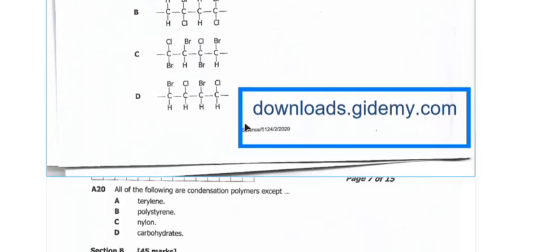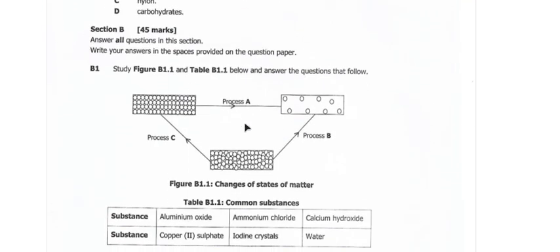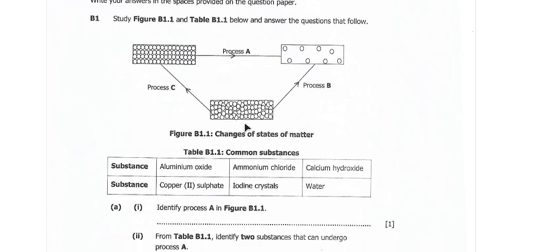From there, let's go to B1. Study figure B1.1 and table B1.1 below and answer the question that follow. We have this diagram, and the table is here, and we are asked to identify process A in figure B1.1.